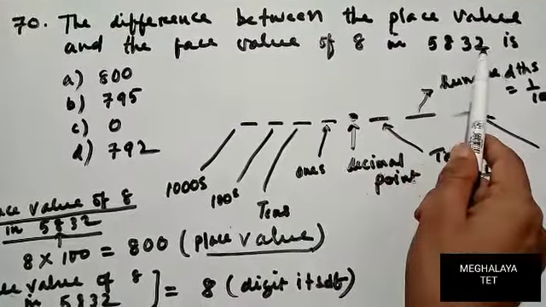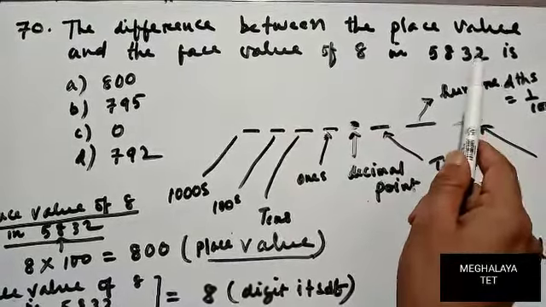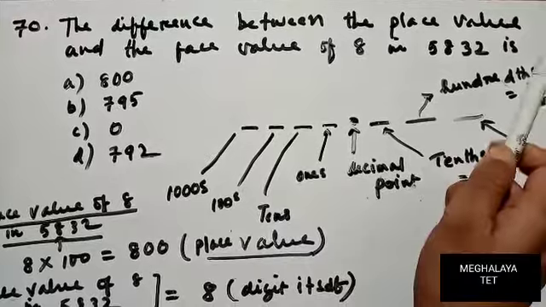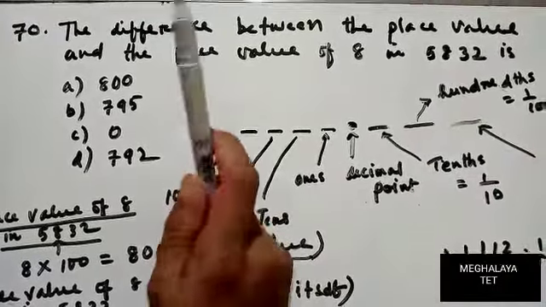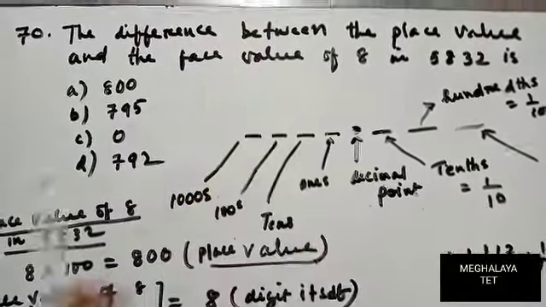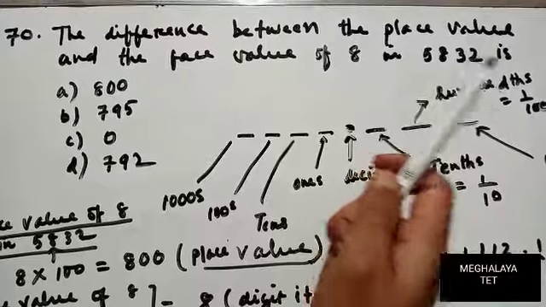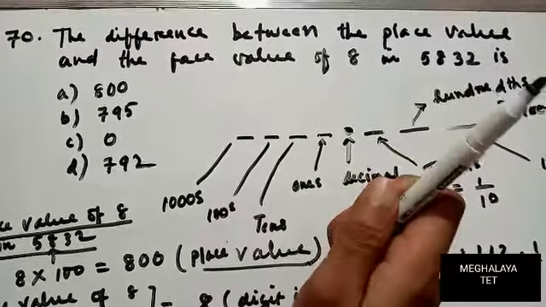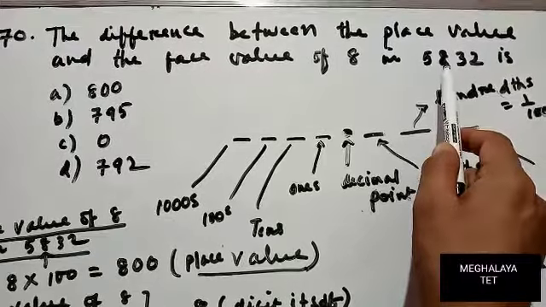5832. So we have to understand what is place value and what is face value. Place value means the place where the digit exists.